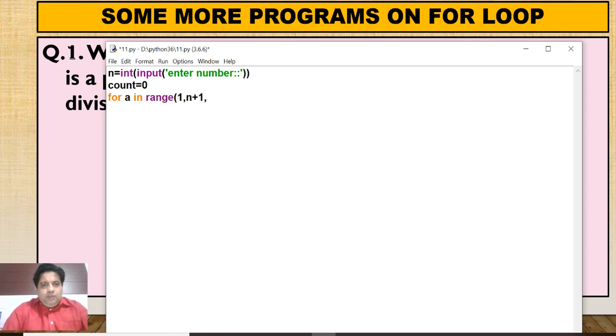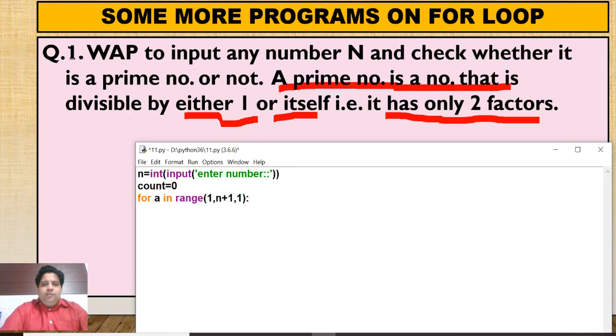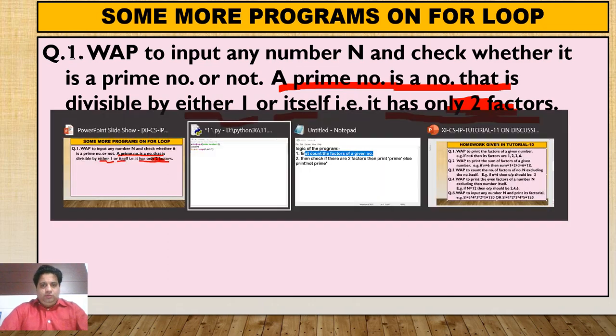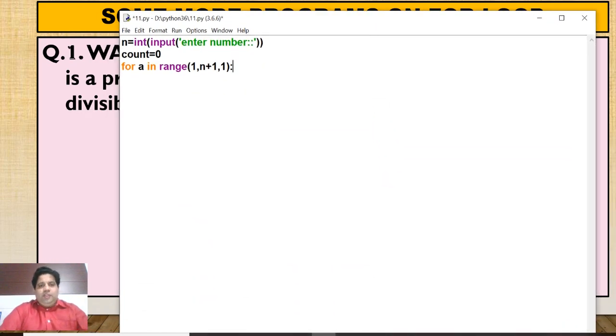We also include that number, because what are prime numbers? Those that are divisible by either 1 or itself. It means it has only two factors. Okay. So for a in range 1 comma n plus 1, if n mod a equal to 0, so increase the value of count.